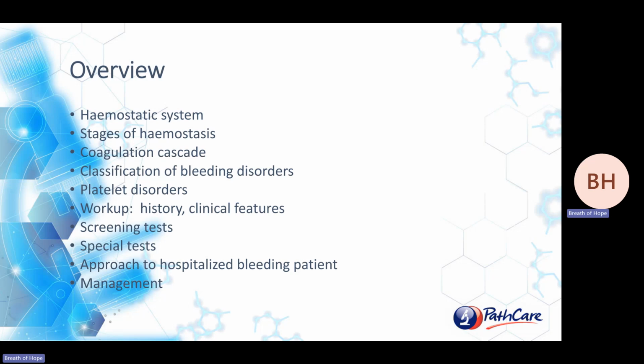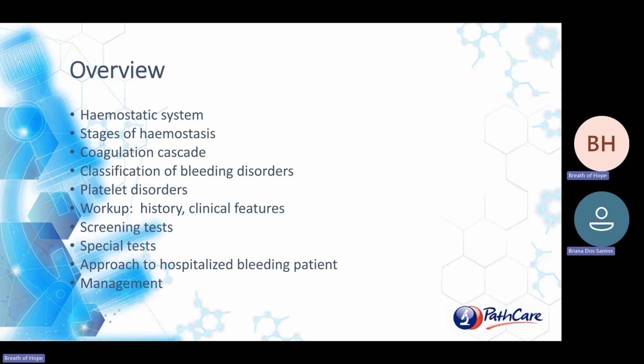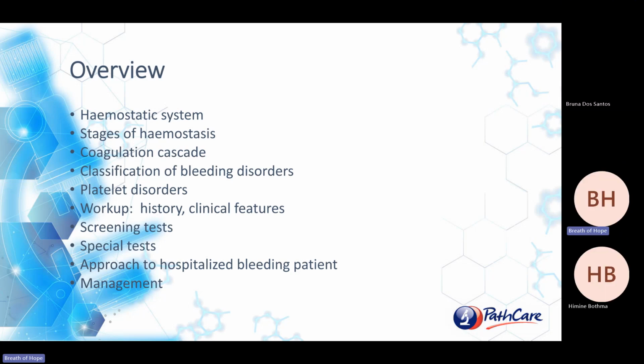You can expect to see some of the screening tests, the special tests, and then I'm going to go in a little bit on the screening tests and what they mean and what you can hope to find out from the screening tests. Then a very brief approach to a hospitalized bleeding patient, and then a little bit on the management.